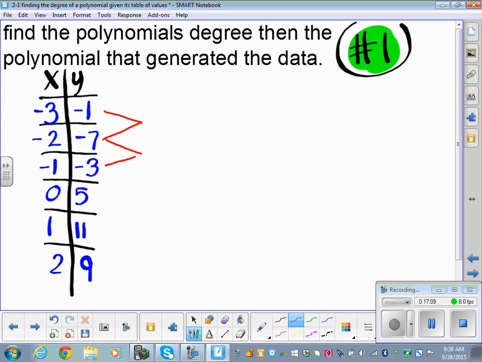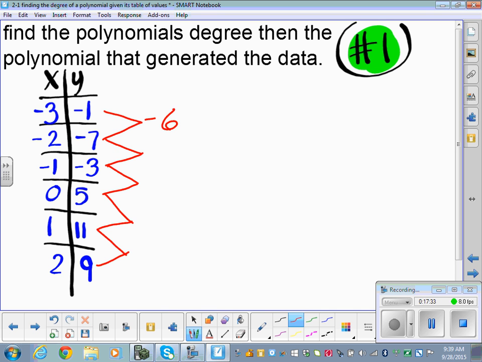So I always like to draw in my little thing like this, and then just go through and take my differences. So very important that you take the difference of the value that comes before the value above it. So do it on your calculator. -7 minus -1. -6 is correct.